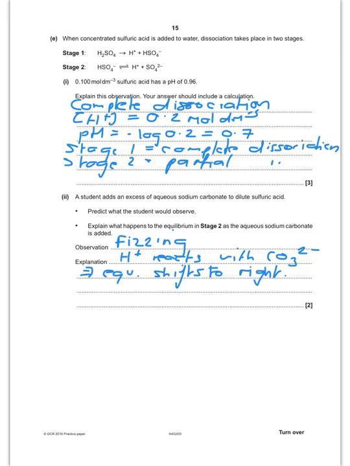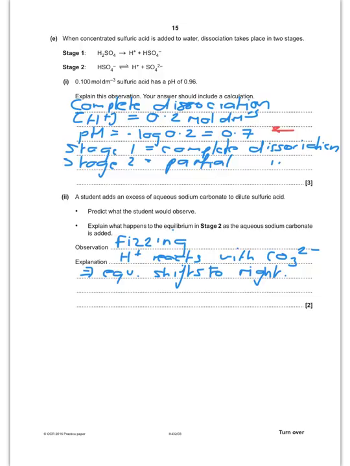So when concentrated sulfuric acid is added to water, dissociation takes place in 2 stages. Explain the observation that 0.1 mole sulfuric acid has a pH of 0.96. Okay, so if it completely dissociated, our concentration of H plus ions would be 0.2 moles per decimeter cubed, because I would have produced 2 H pluses for every 1 H2SO4, and therefore my pH would be 0.7, which I have popped there.